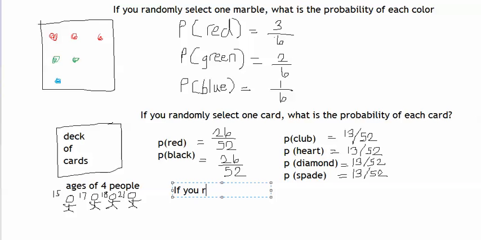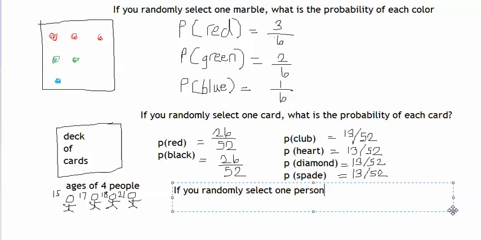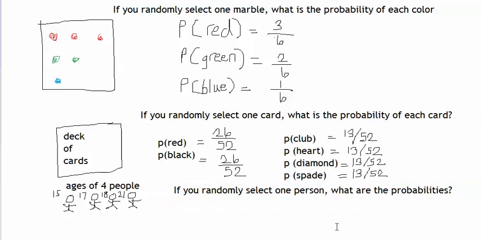If you randomly select one person, what are the probabilities? Well, let's just do 15 for the first one. These ones will be a little bit harder.